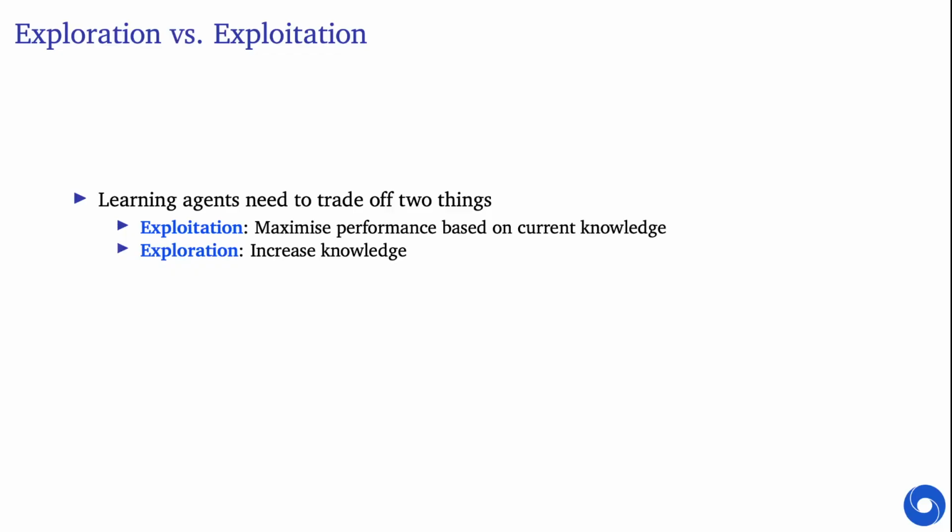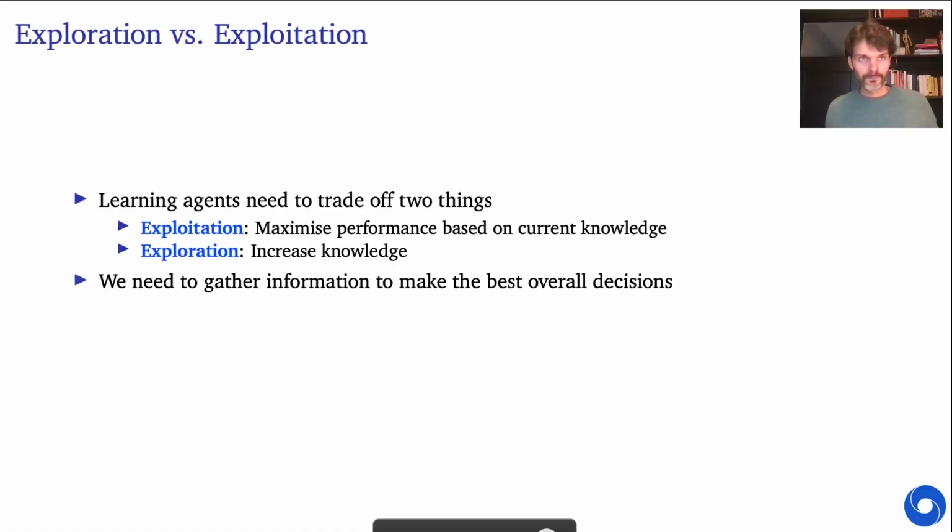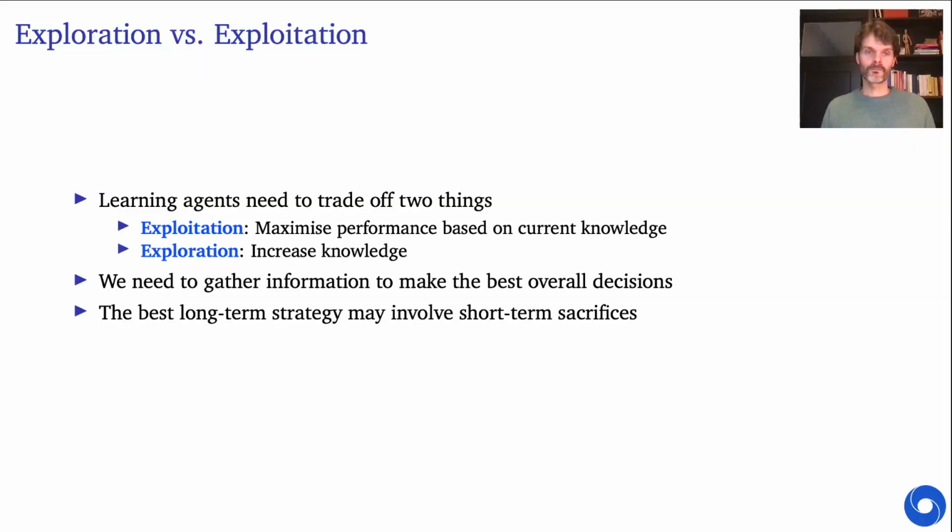And we went to this simpler setting where the environment only has one state to be able to reason this through, basically as far as we can. And then from here, we hope to learn some lessons that we can apply also to the more general case. So, in general, we would need to gather information to make the best overall decisions. And the best long-term strategy might involve taking some short-term sacrifices.